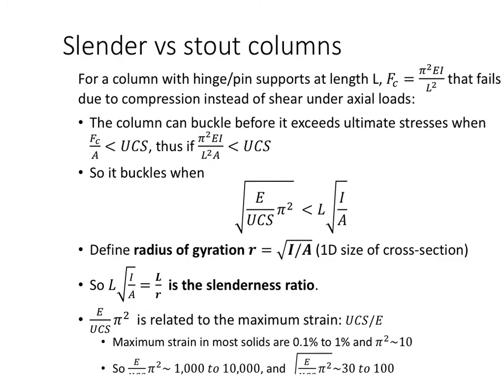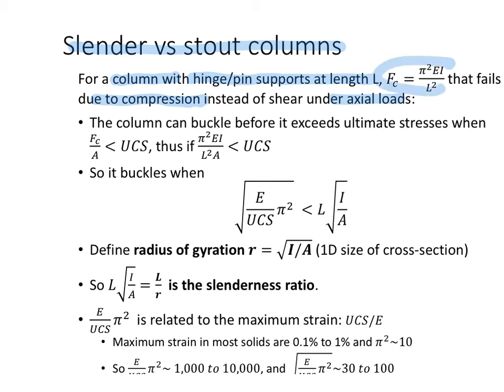So this is worth exploring further, and we will do this specifically for a column with a hinge and pin supported lengths L apart. And we'll also say it's one that fails due to the ultimate compressive stress instead of the ultimate shear stress under this axial load.